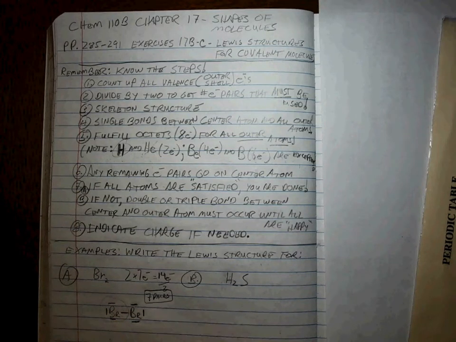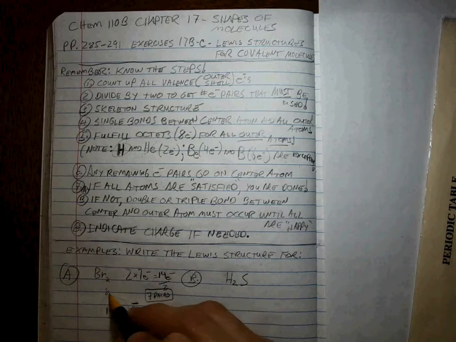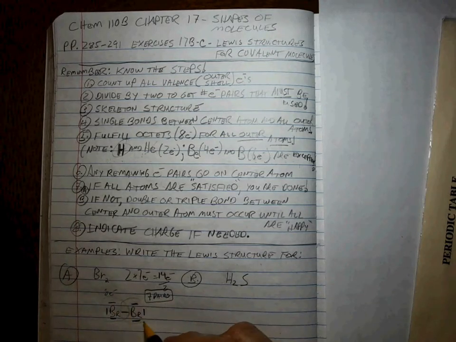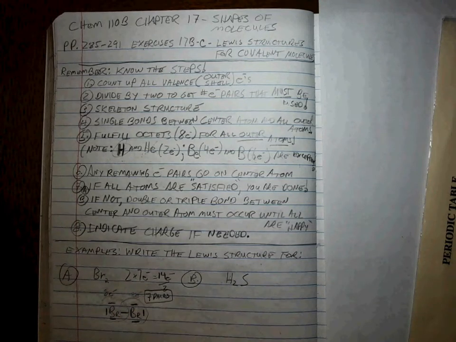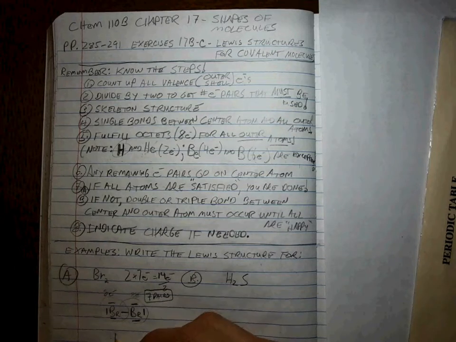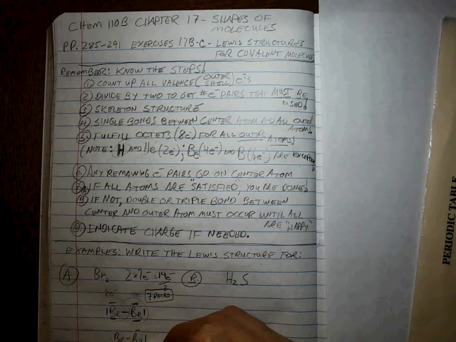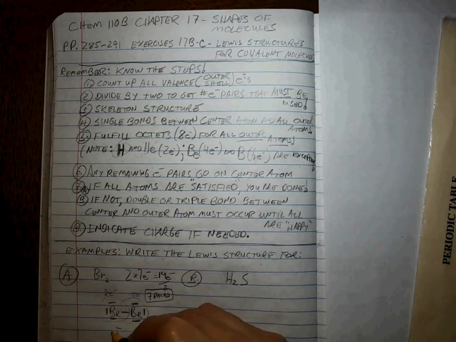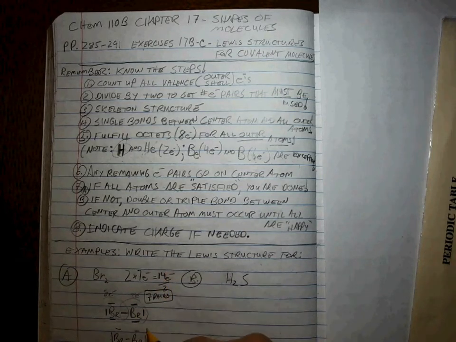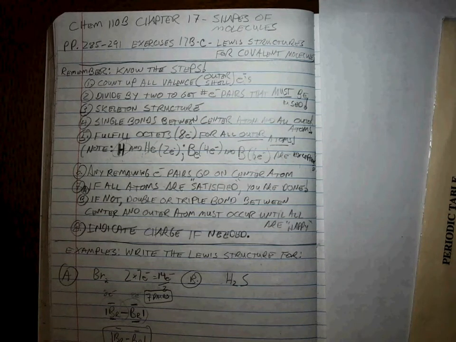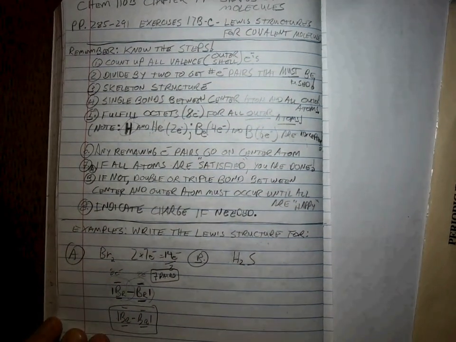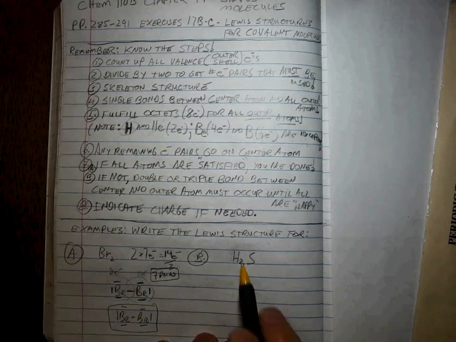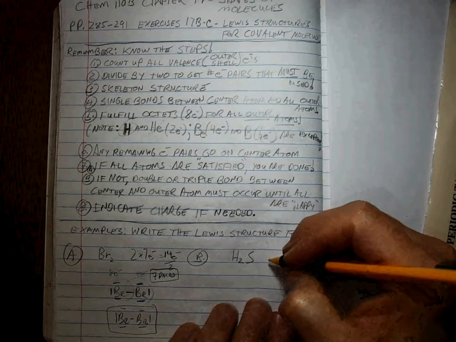So whenever you count, that's a total of 8, and that's a total of 8. So we're done. And Br2 has 14 electrons. That's it. Does that feel right? Does that feel okay?